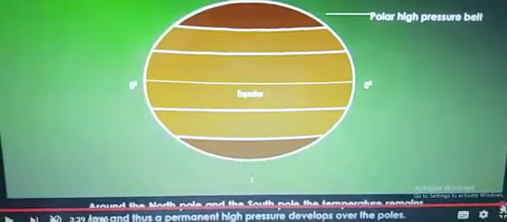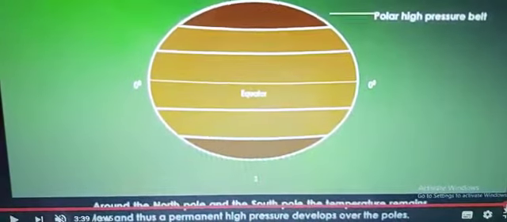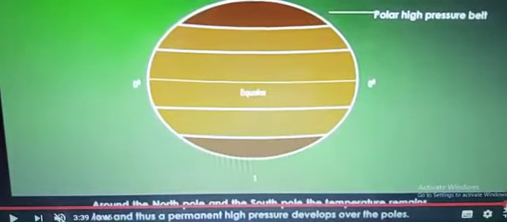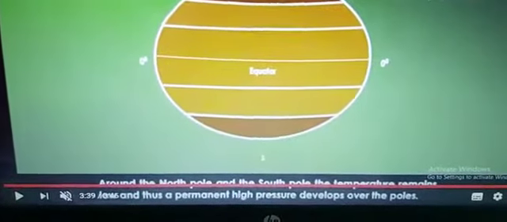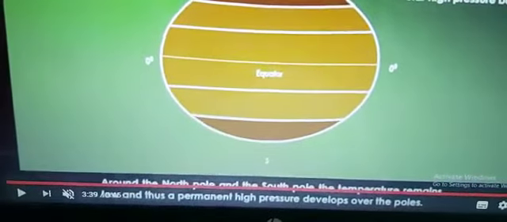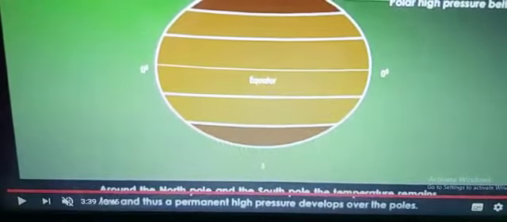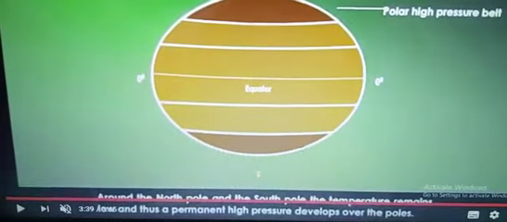So on 21st June, the pressure belts shift 5 degrees northward. When the sun shines vertically overhead on the Tropic of Capricorn, on 22nd December, it comes toward the south, and the pressure belts shift 5 degrees southward from their original position.